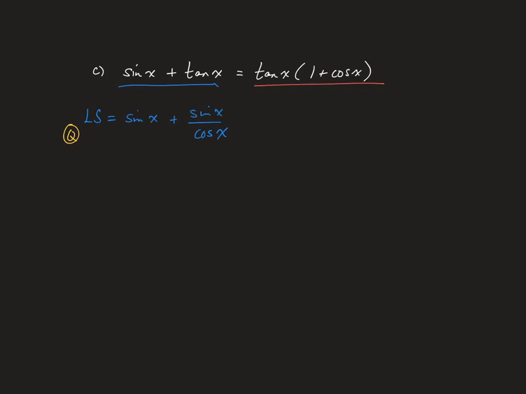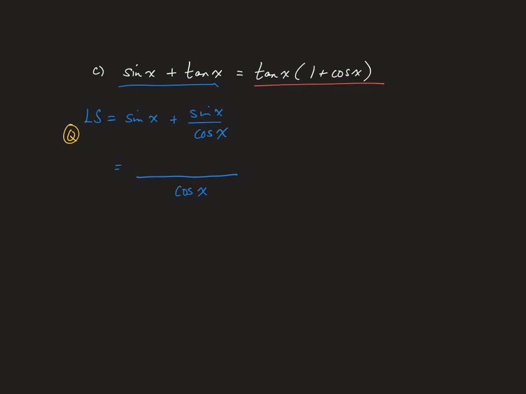Well, now that I have that, my next decision is always made for me. Anytime I substitute in, then I know that my next decision is to simplify, which means I need to get a common denominator. This whole thing is going to need a common denominator of cos x.